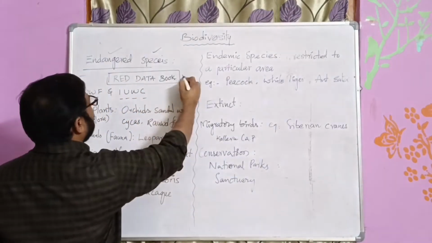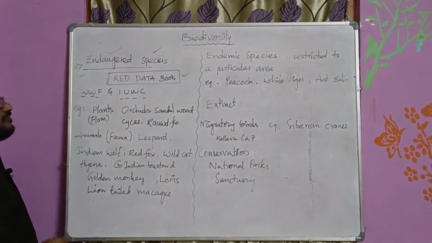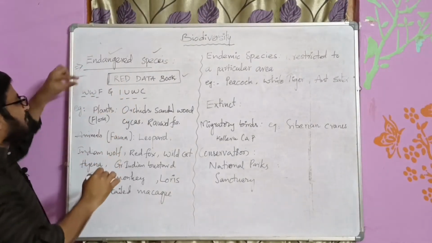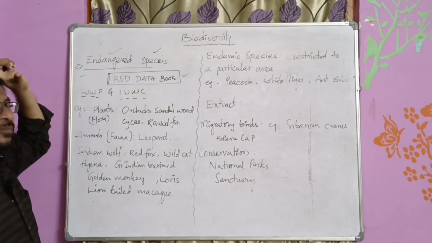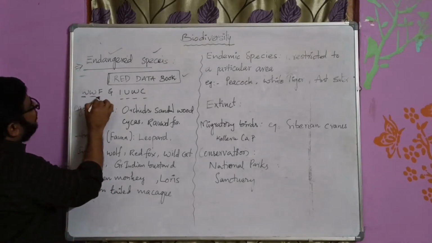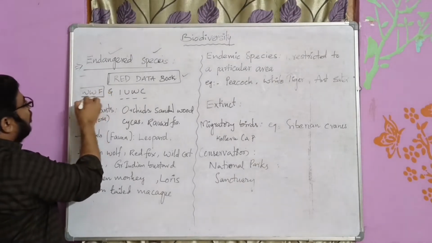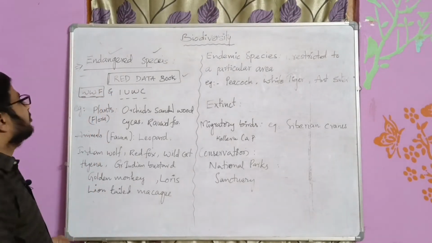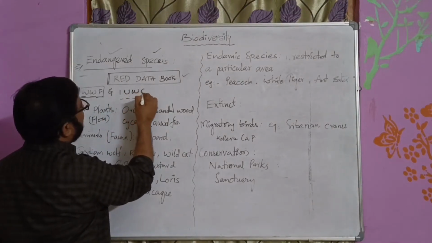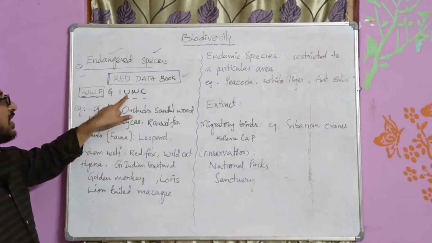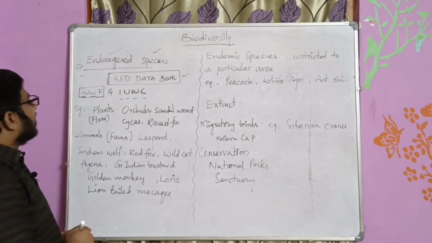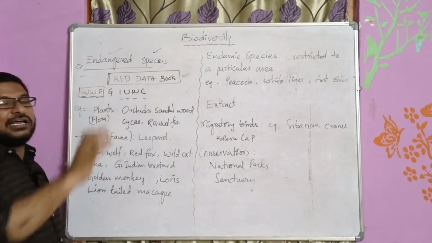So this Red Data Book contains a number of endangered species. These endangered species are present in the Red Data Book as a document. This was maintained by the World Wildlife Federation, WWF, and the International Union for Wildlife Conservation. These organizations maintain the Red Data Book.